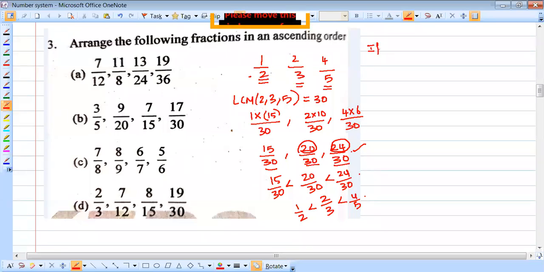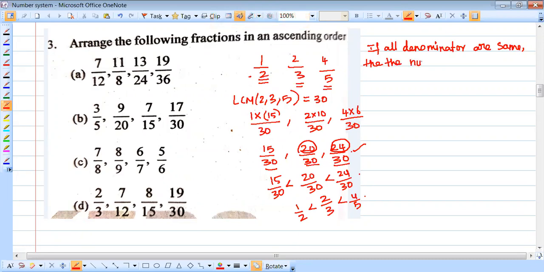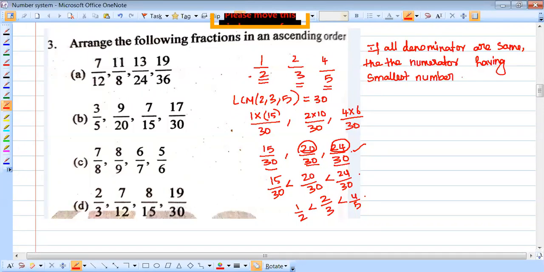So here let me write, if all denominators are same, then the numerator having the smallest number is the smallest fraction.